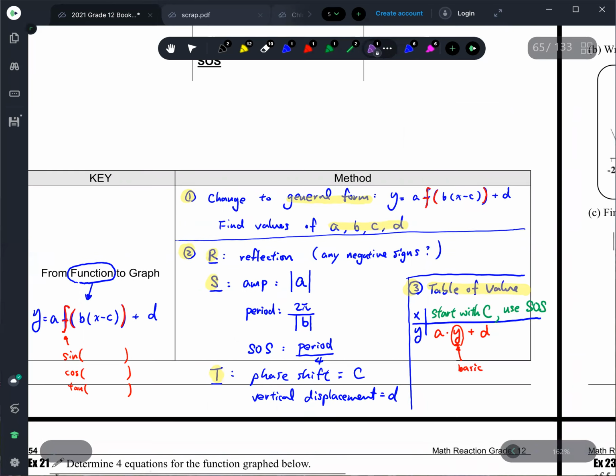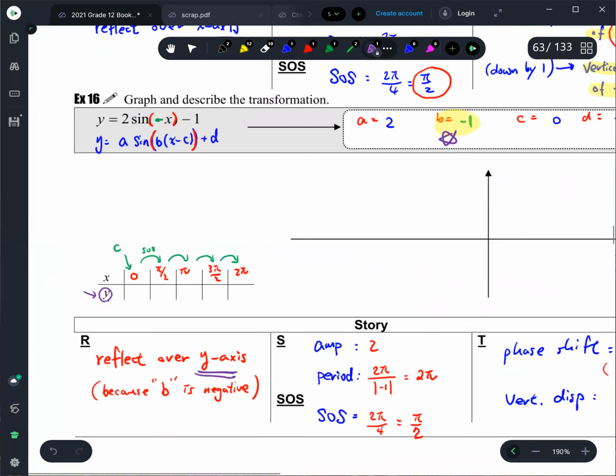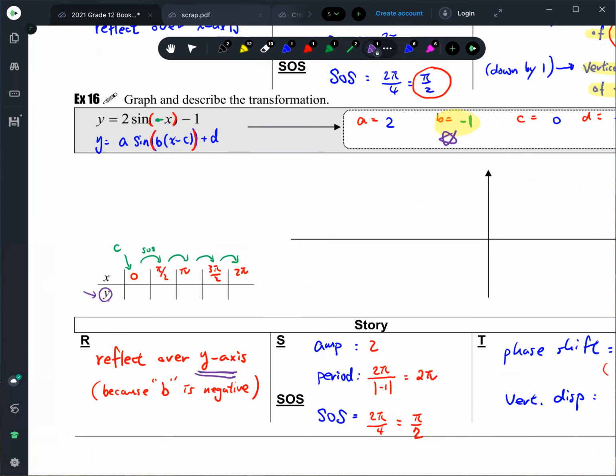So it's 0, 0 times it by 2 minus 1. Okay, so we are doing a sine graph, right? Yeah. So what's the first y? -1.